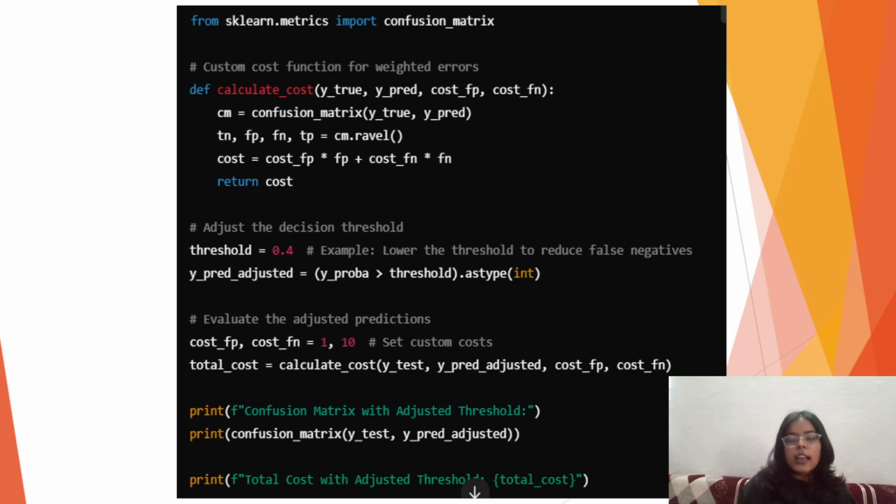We do not treat all errors equally, so it uses a custom cost function with weighted errors. The threshold of these two is also different: basic evaluation code has a default threshold of 0.5, and in the other case, it has a threshold of 0.4.